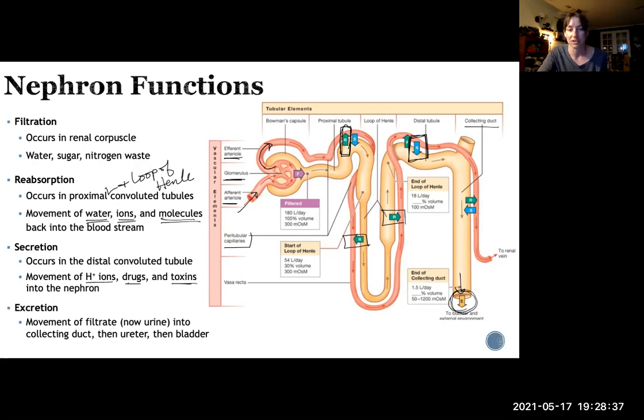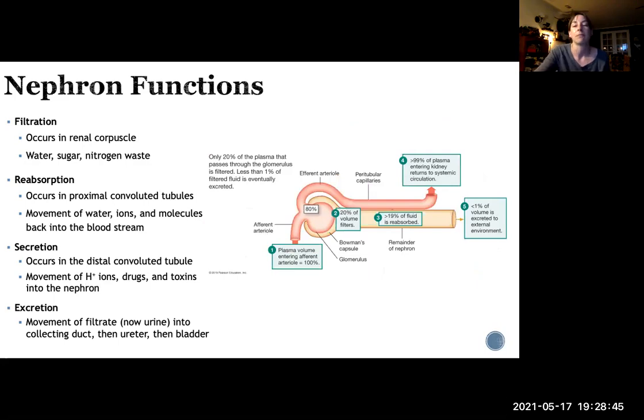And then excretion is all of this bad stuff, plus a bunch of water, which is going to flush it out of the body. Okay, so this is all the same verbiage over here, so don't worry about that. This little image I wanted to show you because it indicates exactly how much of your plasma gets filtered.